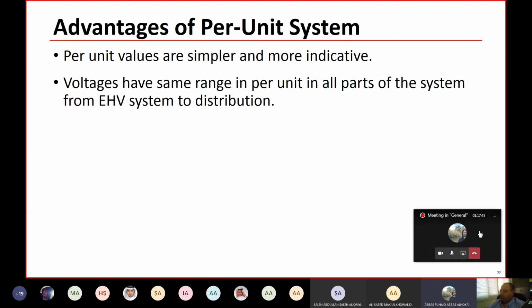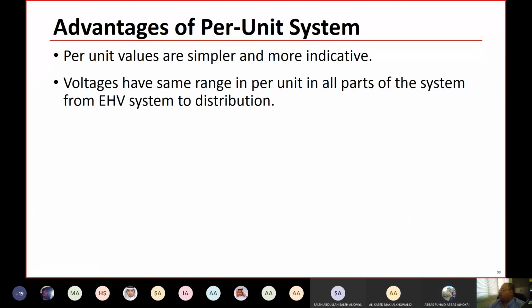Okay. As you can see here, the per unit quantities are very simple, of order one or just a fraction. More indicative, because of course when we say, for example, the voltage is 145 kilovolt, you can ask what is the rated value.